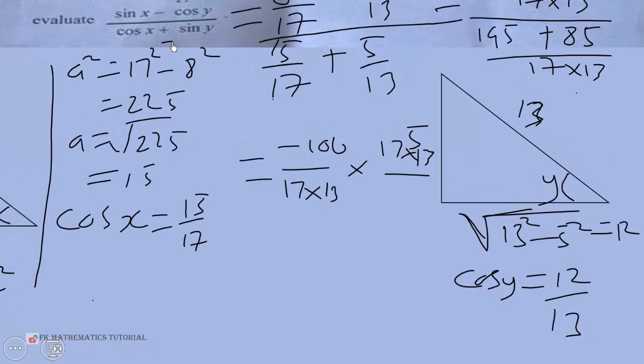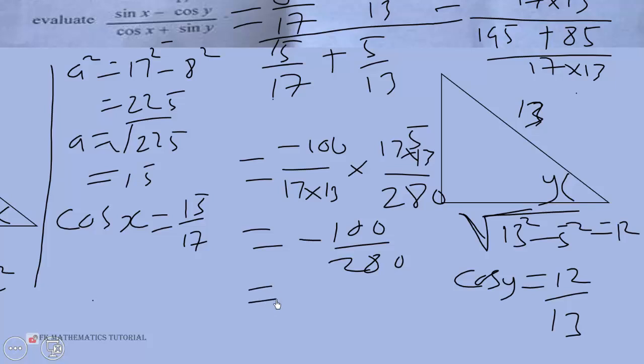So when we simplify, 104 minus 204 will be negative 100, over 280. That will give us negative 100 over 280, which is negative 10 over 28, or negative 5 over 14. That is the value of that expression, negative 5 over 14.